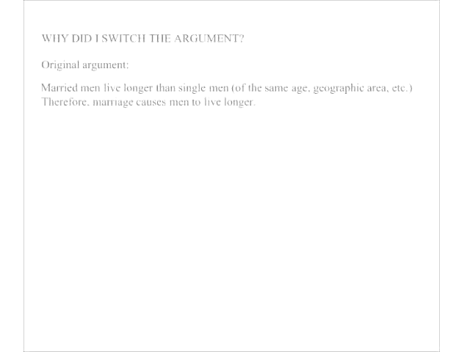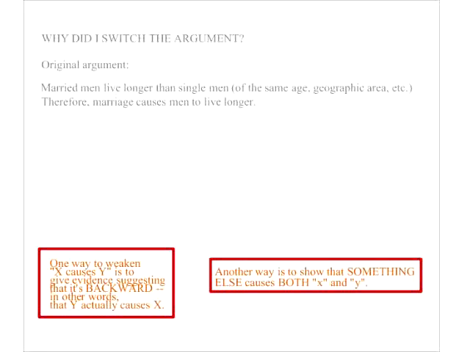The original argument was that married men live longer than single men of the same age, geographic area, etc. Therefore, marriage causes men to live longer. And here's our forms of weakeners.